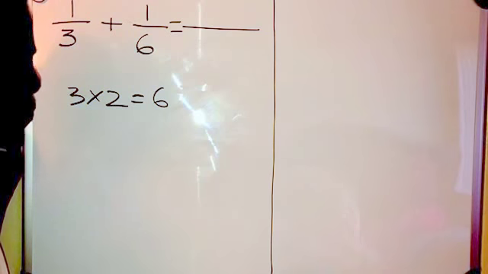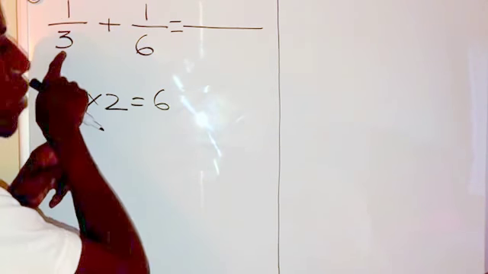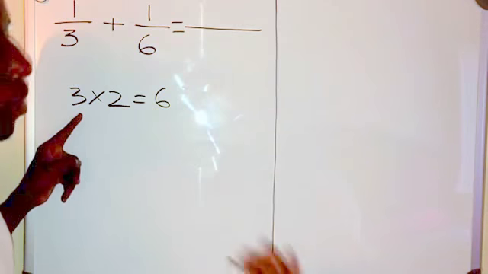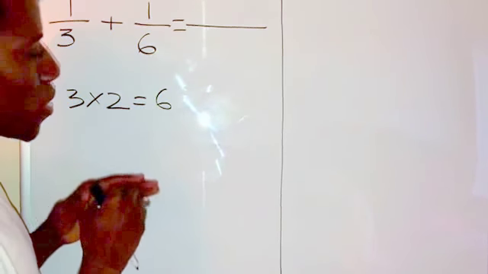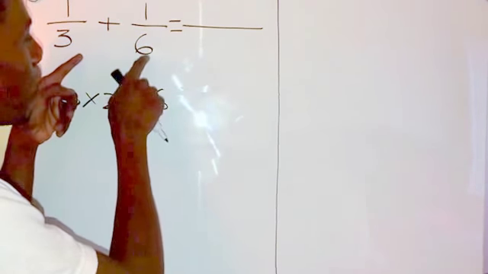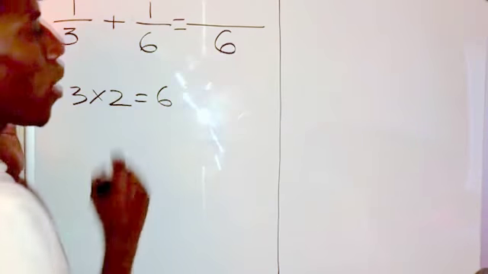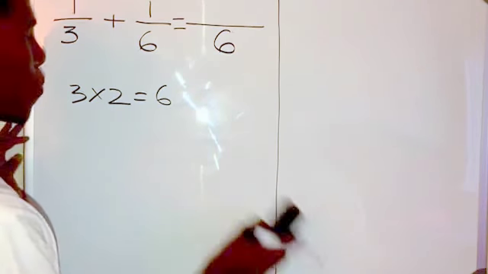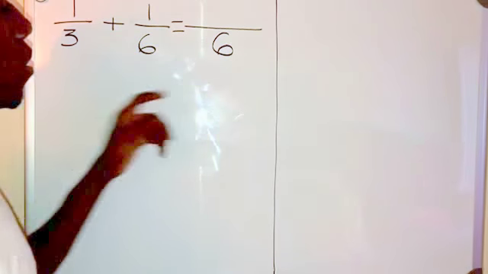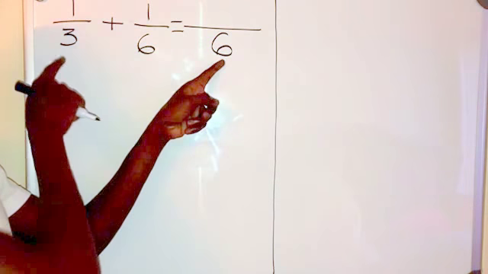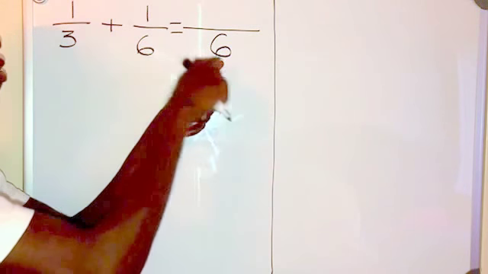Okay, so now if we can multiply one of the denominators, or the bottom, by a number and get the biggest number, we can keep the biggest number in our result. So what we do from there: what number can I multiply by the smallest number to give me 6?